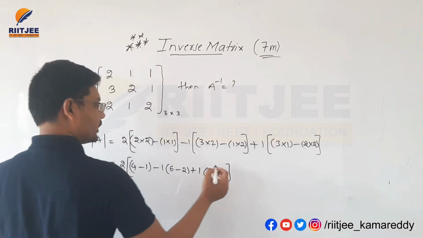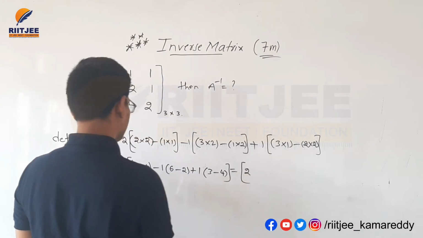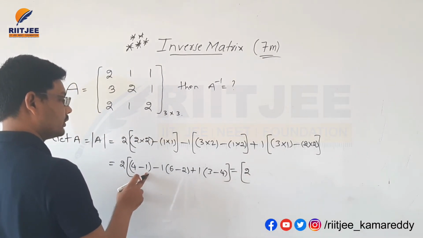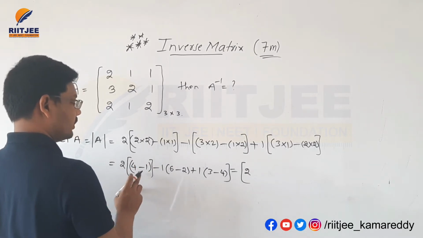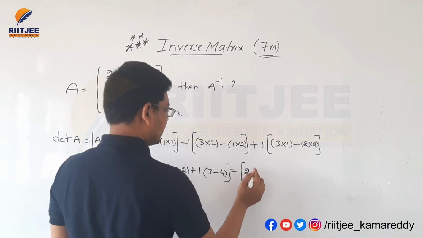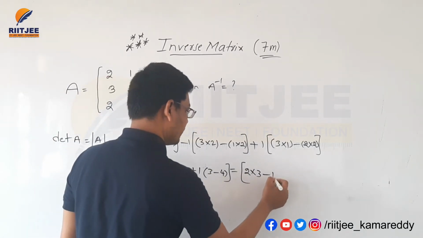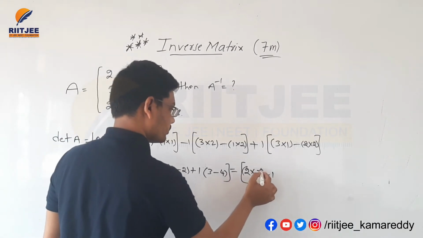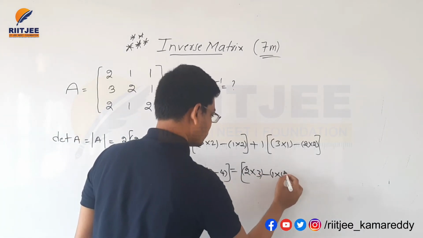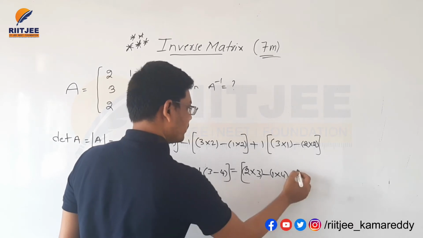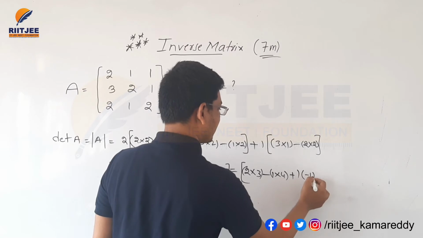Next, here we should find the value 2 into, this is bracket close here. Next, 4 minus 1 into 3, that is equal to 3, 2 into 3 minus 1 into 6 minus 2 is 4, plus 1 into 3 minus 4, that is equal to minus 1.